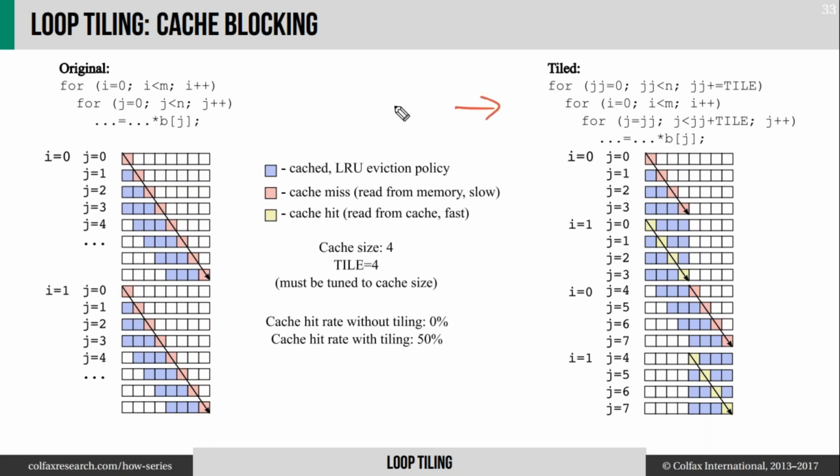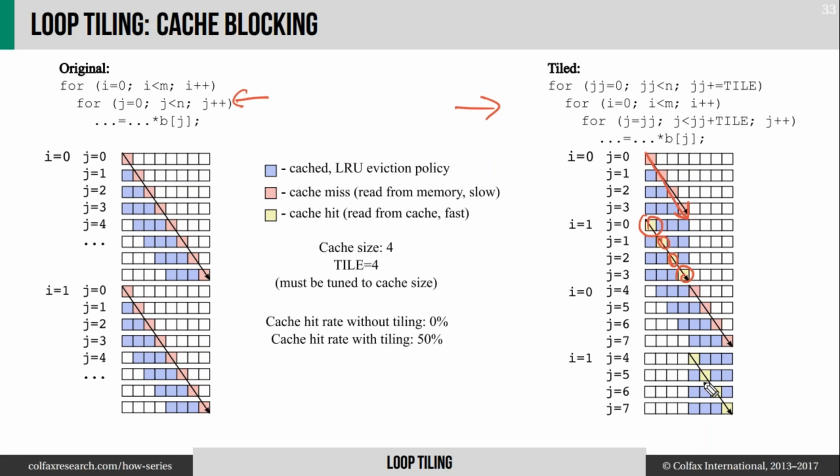Loop tiling is a transformation where I strip mine one of the loops and then do loop permutation. In this case, I strip mined the loop in j, and then I permuted the middle two loops. What it does is it allows me to read just a section of b, and then revisit b0, b1, b2, b3 while they are still in caches, because I didn't read too much data.